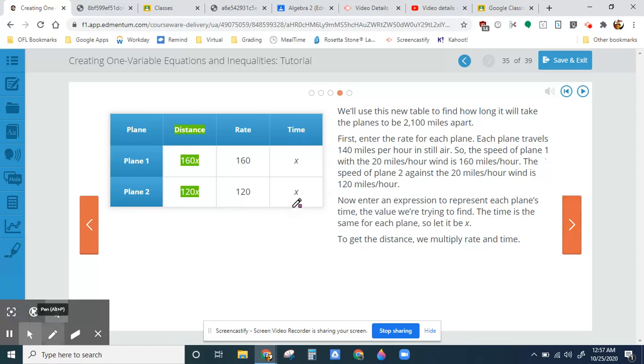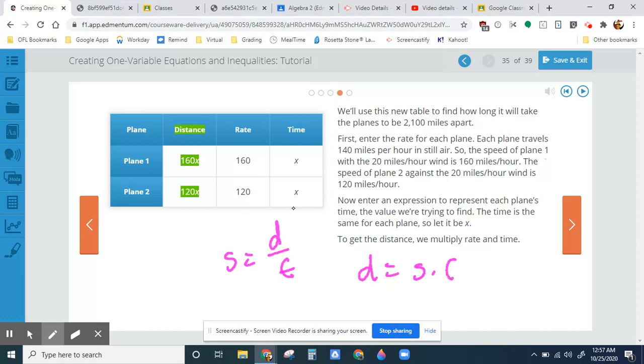Remember, if speed equals distance divided by time, then distance equals speed times time. That's why we're getting these together.